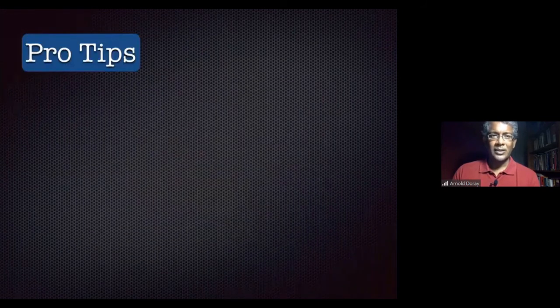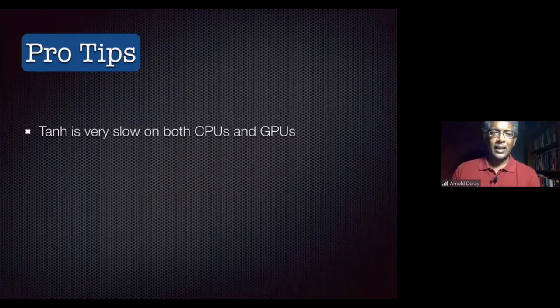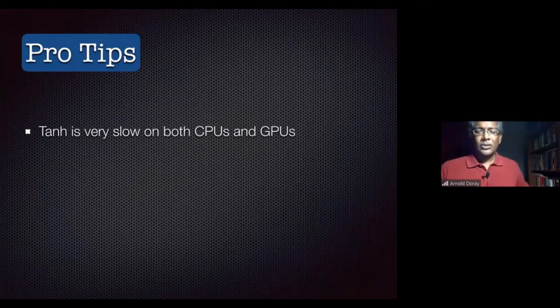Now, some pro tips. These probably won't make too much sense to you right now. Don't worry about it, just take it down and bear it in mind. It will become very useful perhaps in the second or third session of this course. The first is that tanh is very slow, on both CPUs and GPUs.